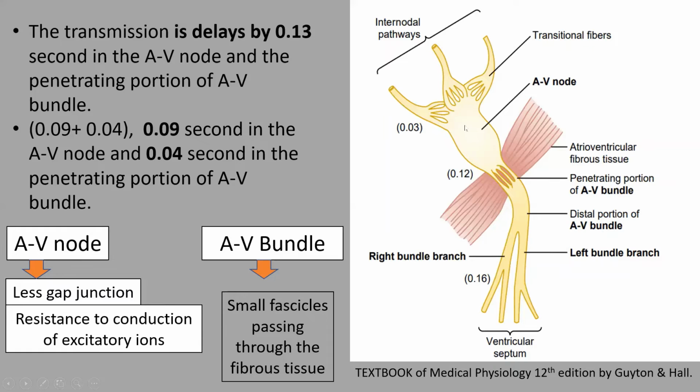So the excitatory ions moving from one cell to another are delayed or slowed down. Because of that, the next cells are not stimulated or are slowly stimulated. And that is important because the ventricle has to contract after the atrial contraction.